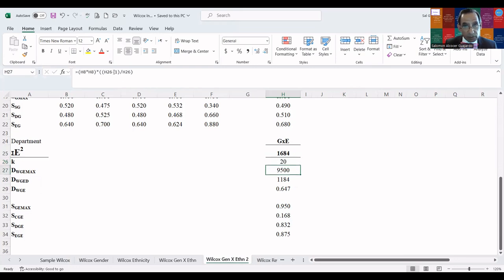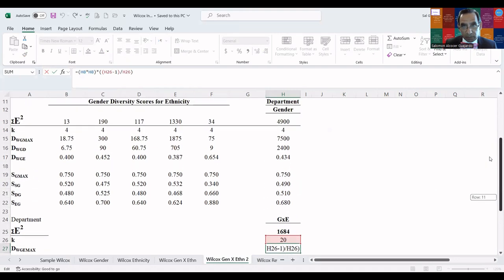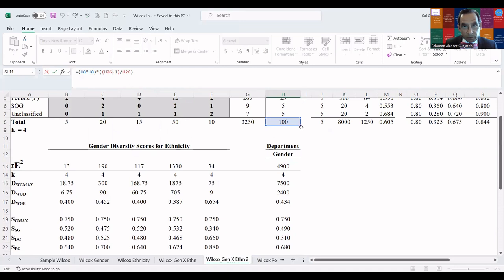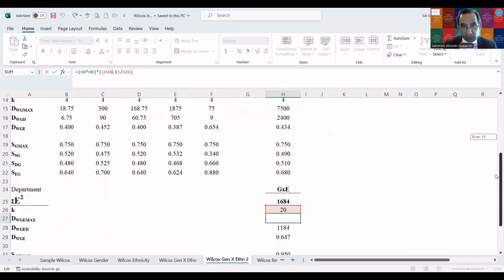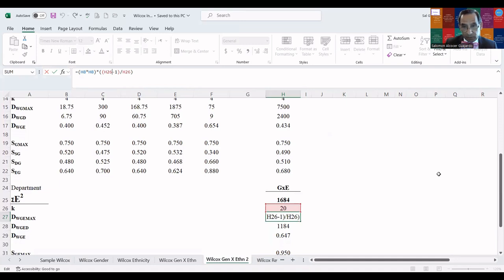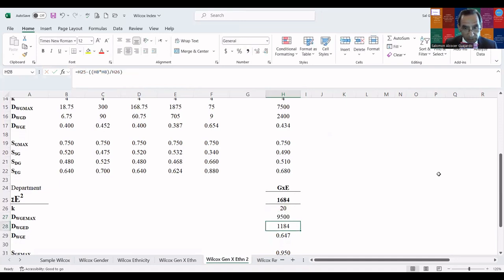To obtain the maximum value, that's going to be H9, which is 100, so 100 individuals in the organization. So it's 100 times 100, times K minus 1 over K, so it's 20 minus 1 divided by 20. That gives me a maximum value of 9,500.